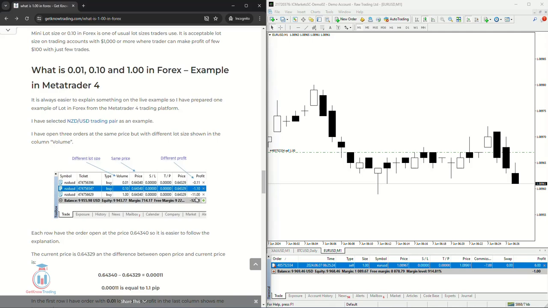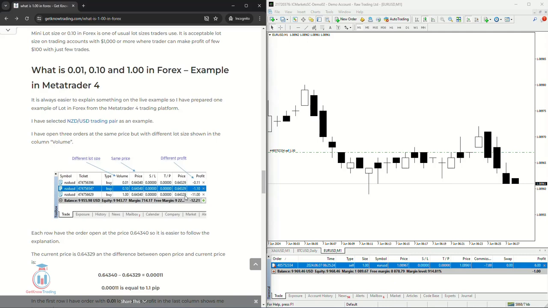Now in this case, we can see that the price has changed from 0.64340 to 0.64329, which is the price difference of 1.1 pip. You will see when you multiply with lot size, which is equal to 1, that 1.1 pip multiplied with $10, you get $11.